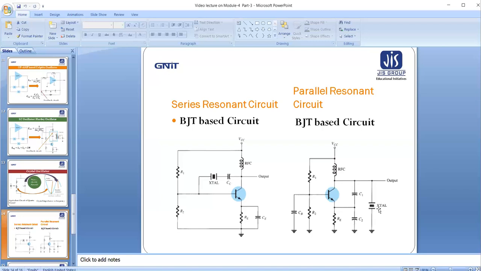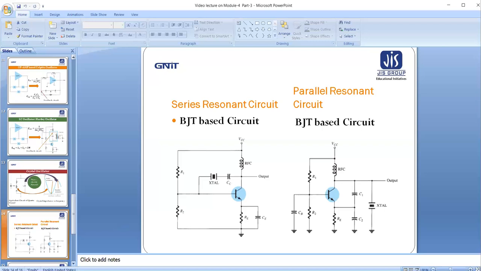The crystal will produce a maximum impedance or the maximum output. It will be fed back through this capacitive divider circuit to the emitter of the transistor, which produces the maximum feedback signal, and basically it will produce a maximum output.